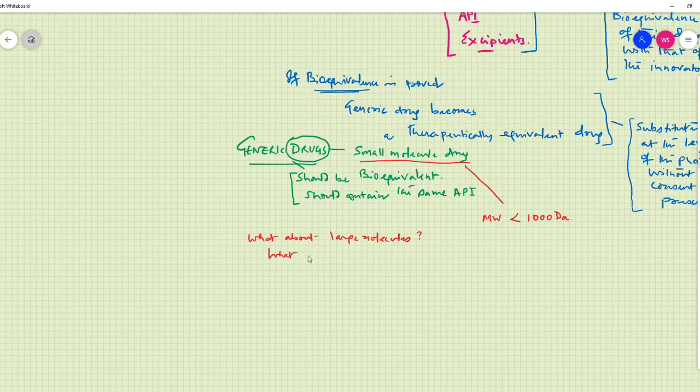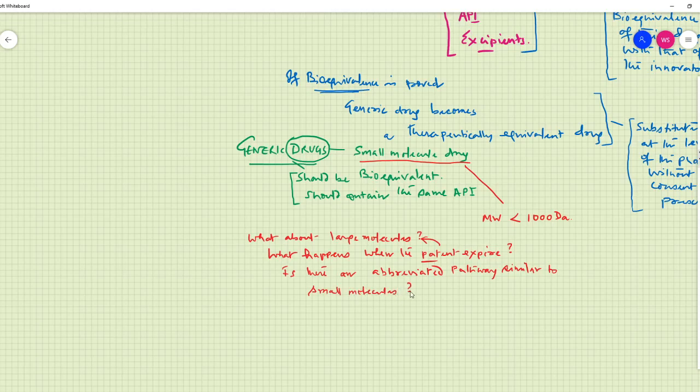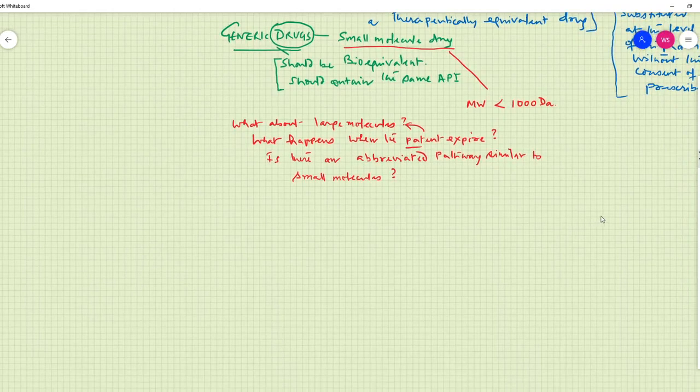What happens when the patent for these large molecules expires? Is there an abbreviated pathway similar to small molecules? Is the question that we are going to consider.